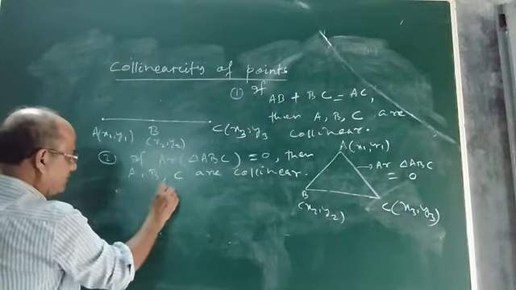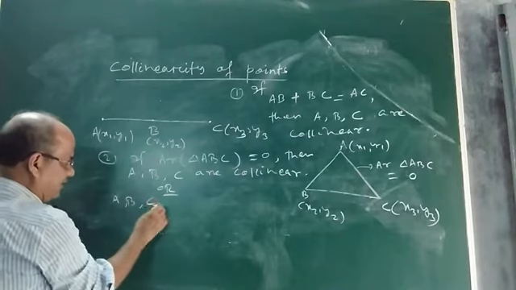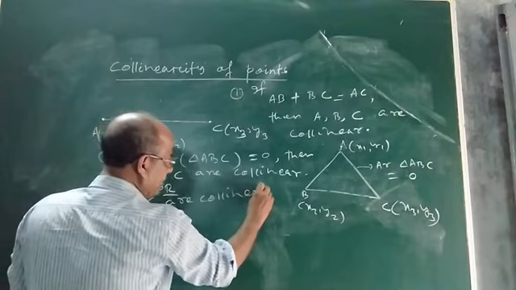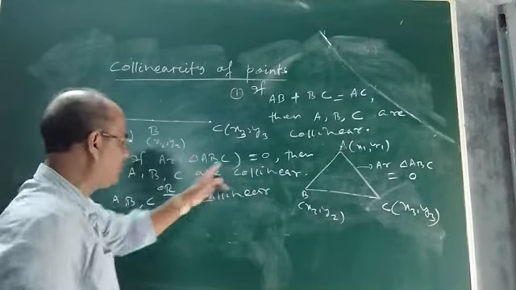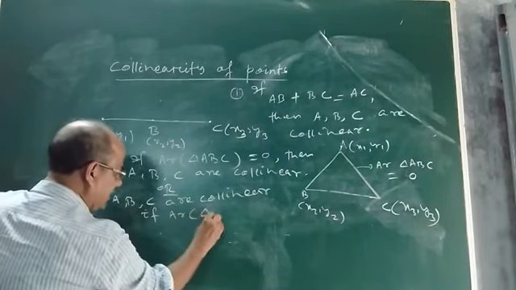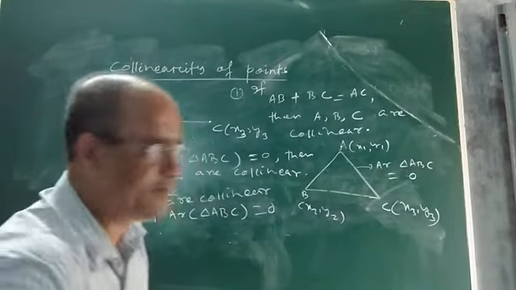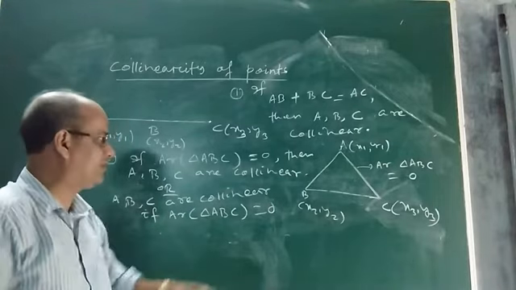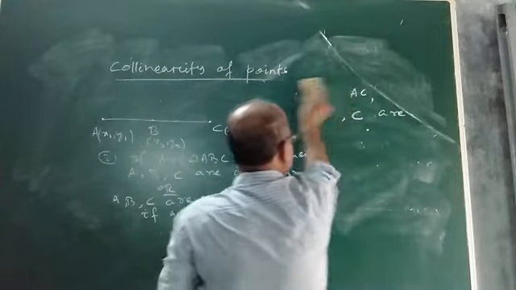Or we can say 3 points A, B and C are said to be collinear if area of triangle ABC is 0. Do you know the formula for area of a triangle?